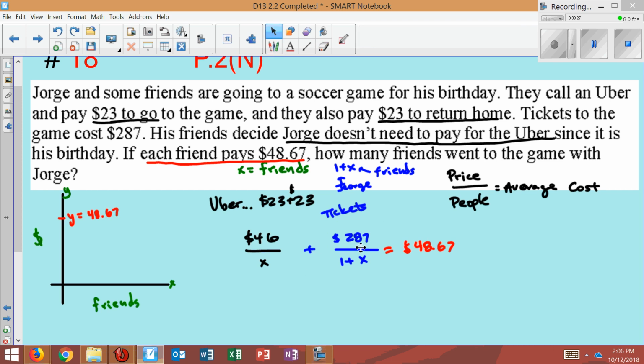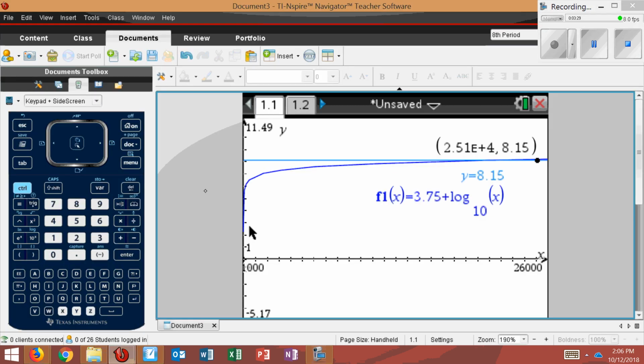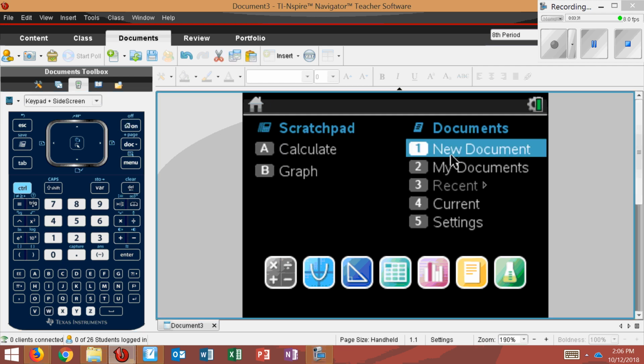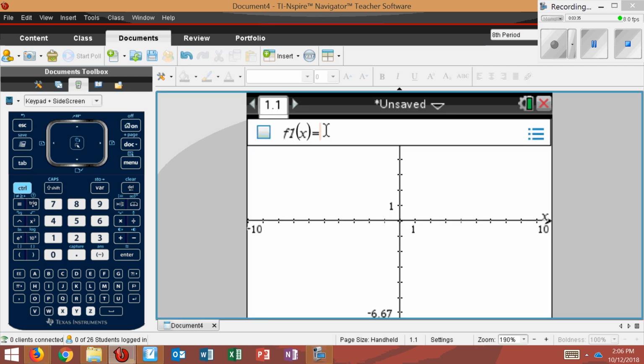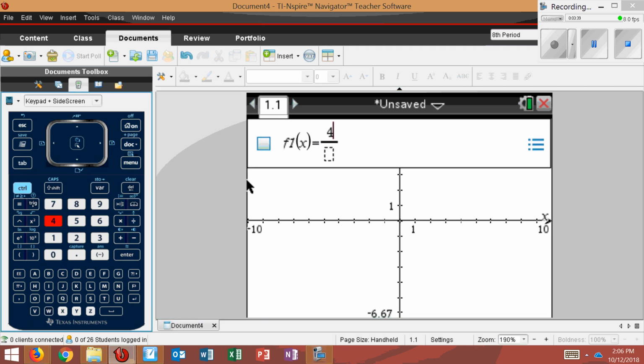So I'm going to do the graphing technique. I'm going to graph these two as my first equation. So I go to graphs. We had a $46 cost paid for by x number of friends. And we also had a $287 ticket cost paid for by George and his friends.